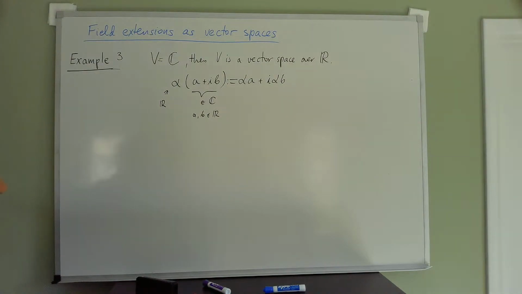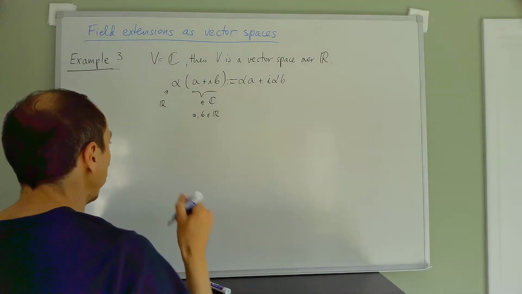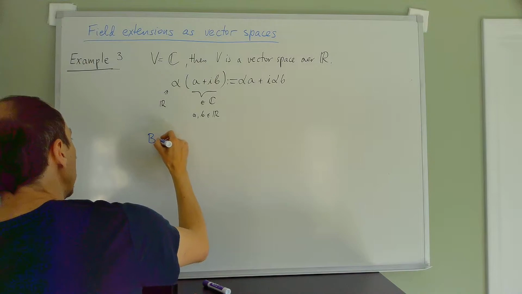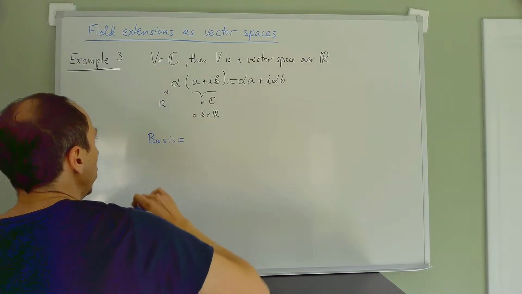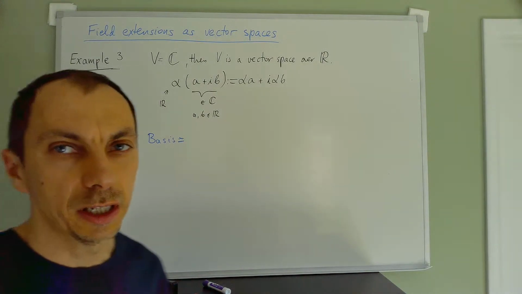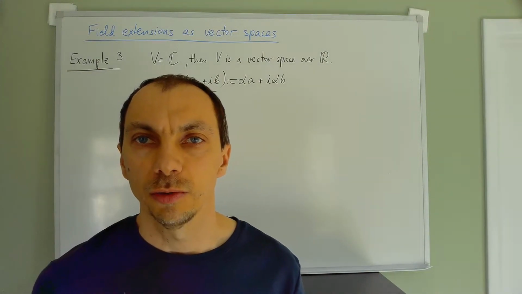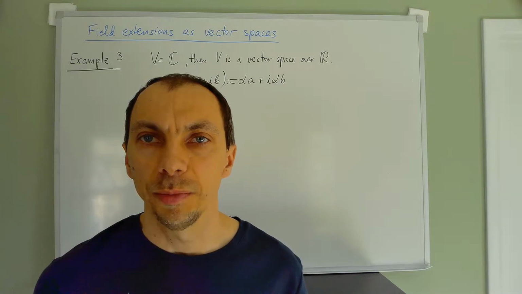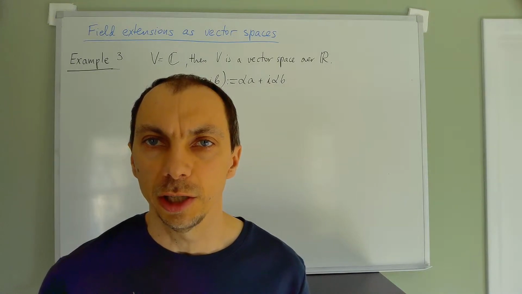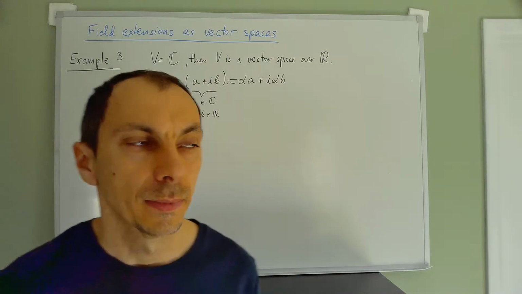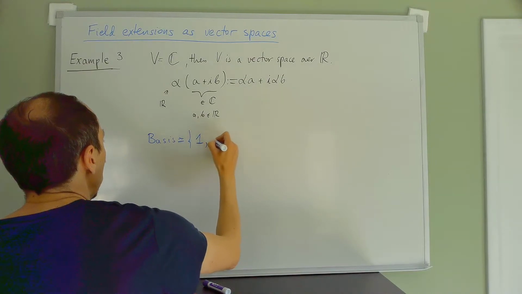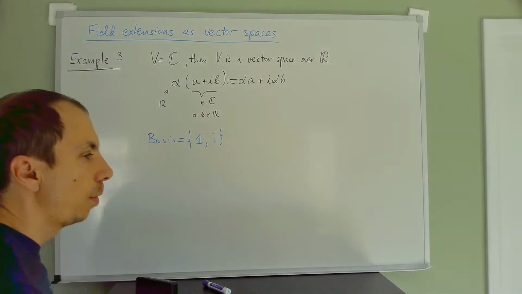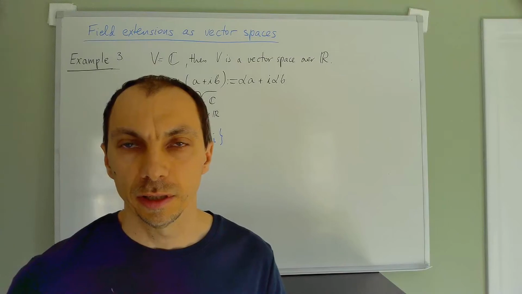Could we find the basis of this? Yes. This isn't very difficult. Namely, what two complex numbers can I use so that every complex number would be a real linear combination of these two complex numbers? Think about it for a second. 1 and i both certainly are complex numbers.